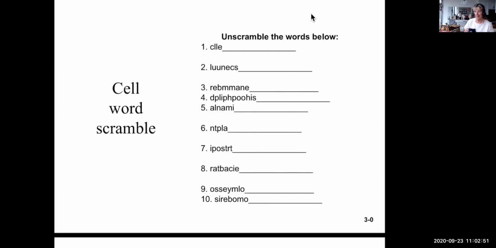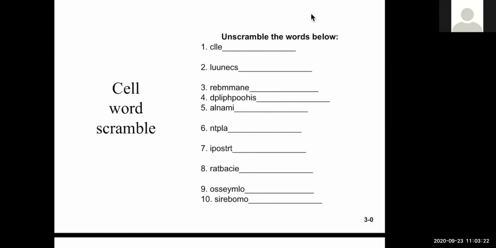Just think about it for a sec and then we'll go over them. So what is the first one?